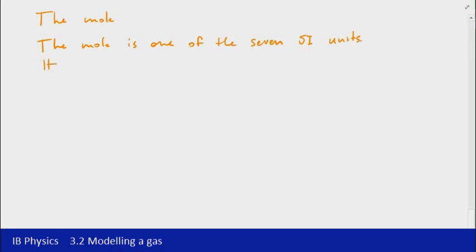It's defined as the number of atoms in 12 grams of carbon 12.